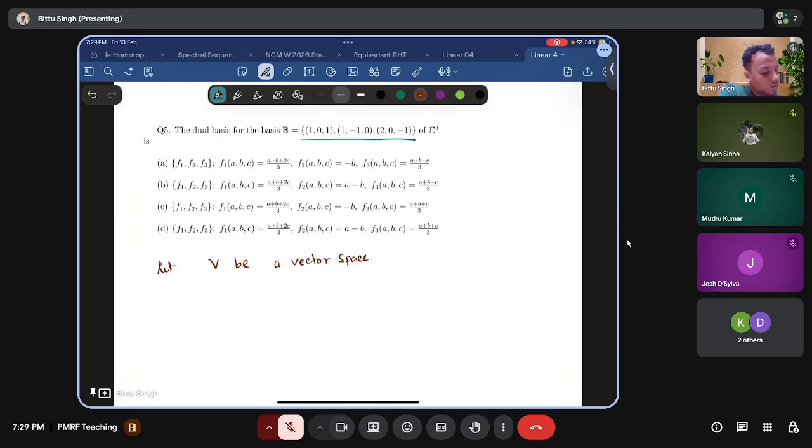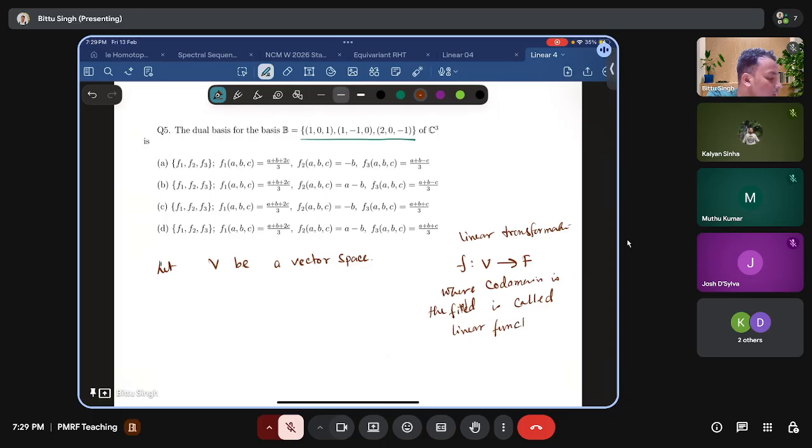Then a linear transformation from V to F, where F is the field, that is, a linear transformation whose codomain is the field, is called a linear functional.